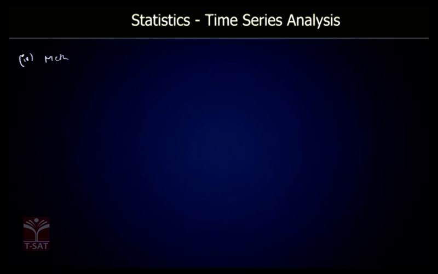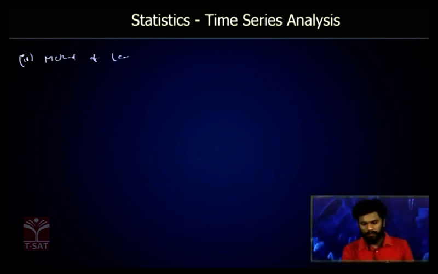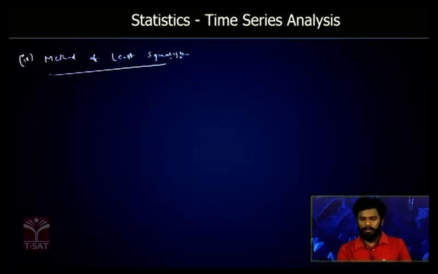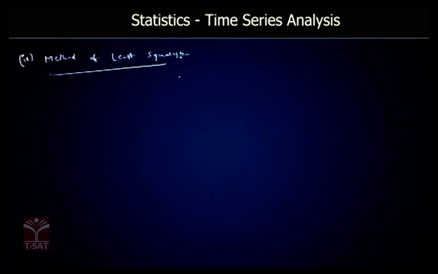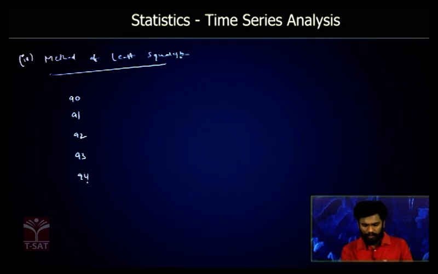Method of least squares. So let us consider the data points 90, 91, 92, 93, 94, 95 and 96, with values A1, A2, A3, A4, A5, A6 and A7.